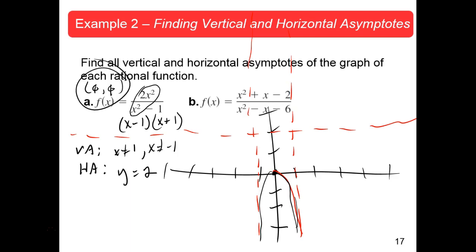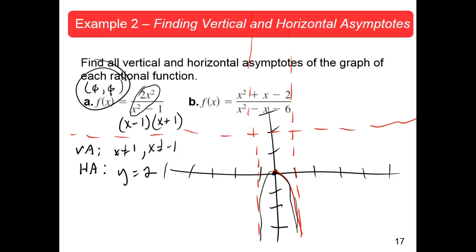What kind of numbers are those? Even numbers. If these are all even, there's a good chance this is symmetric about the y-axis. Even functions are symmetric about the y-axis. They do the same thing on one side as the other side. So if this is going down, that's going down. So, even function.